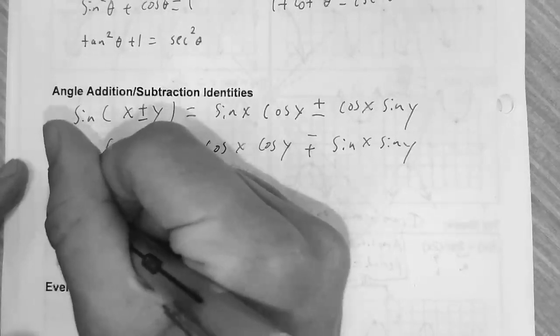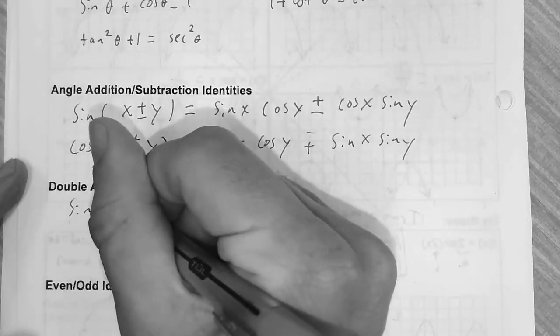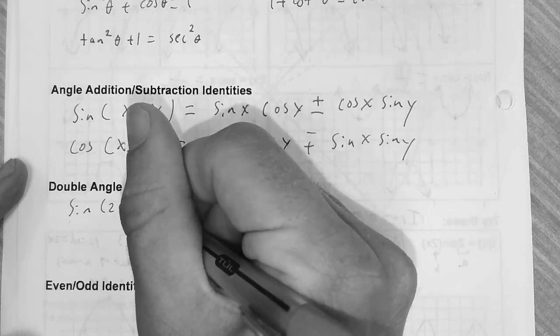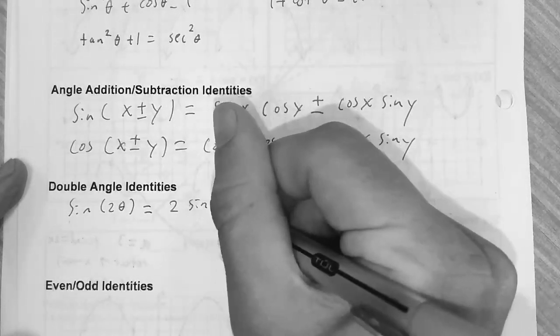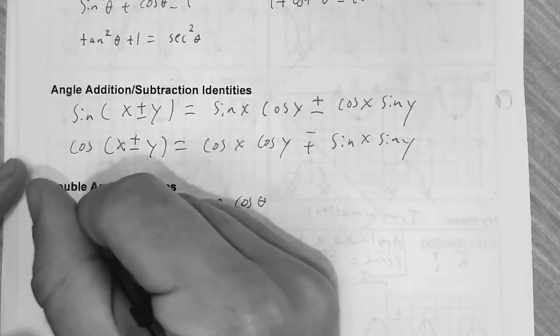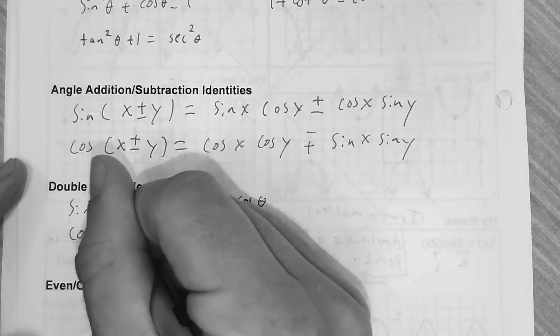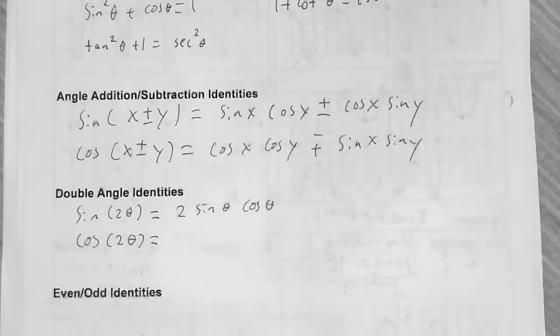Double angle identities. Sine 2 theta has only one option: 2 sine theta cosine theta. Cosine 2 theta has three options. The main one is cosine squared theta minus sine squared theta.